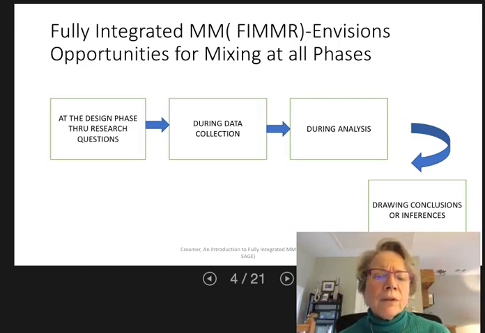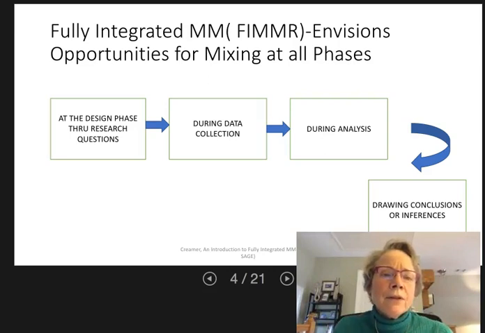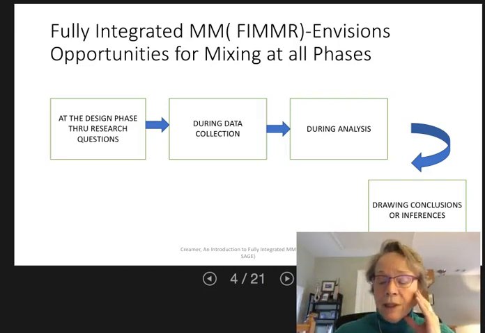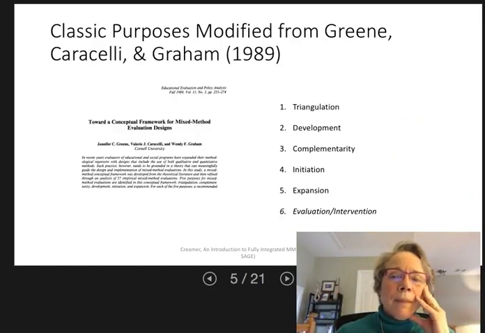I really think there's a lot of potential for it at the other stages, and that's why I really emphasize the idea of a fully integrated approach to mixed methods, even though only a small proportion of articles that are published fit this definition, and that certainly you can do some fine research without being fully integrated. But it's my argument that if you frame it that way, you'll really be maximizing the potential of mixed methods.